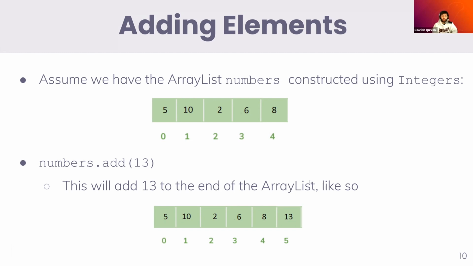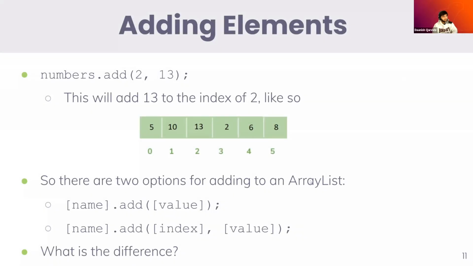Now you may ask, what happens if I want to add the number 13 or any other number into the middle? Now we get into a little bit of different syntax. Let's say you want to add 13 at the second index, so that would be the third position.